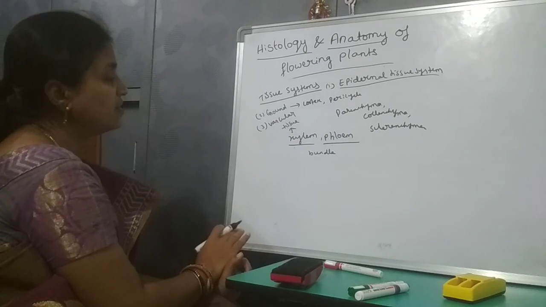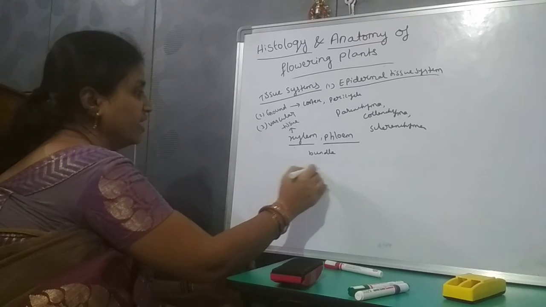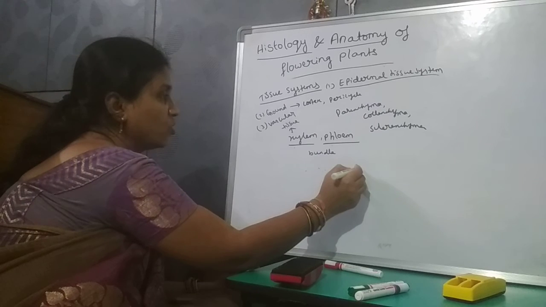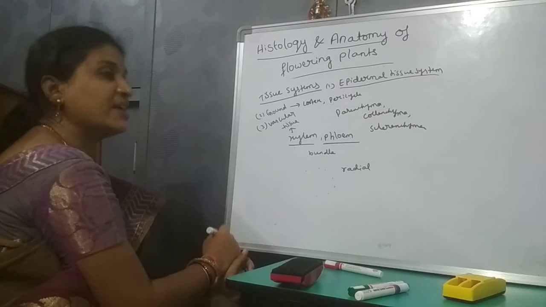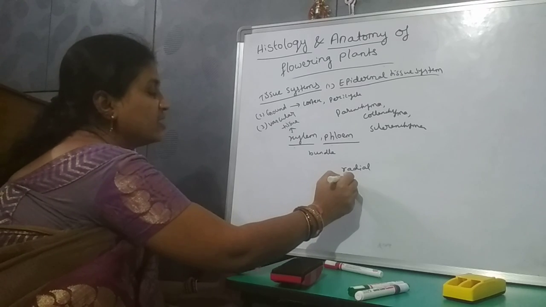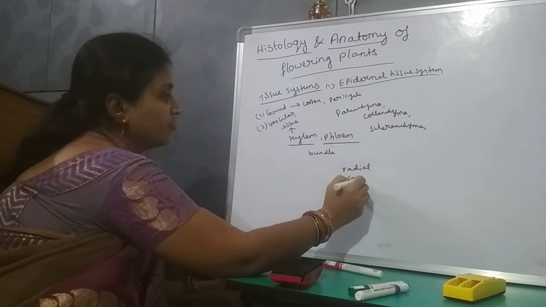These xylem and phloem may be present on two different radii. Such type of vascular bundles are called as radial. Sometimes they may be present on the same radius. Such type of vascular bundles are called as conjoined.